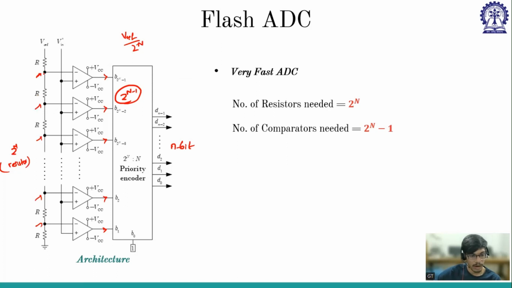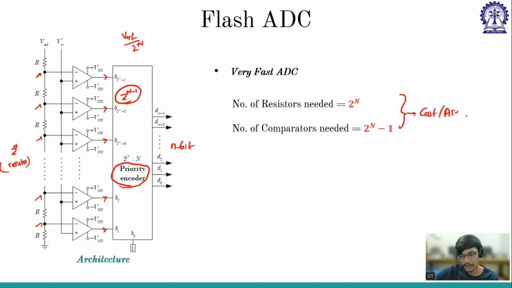So we are creating so many levels, and all of the levels are being compared with multiple comparators, which is fed to this priority encoder, which will generate my output n bits. So I am increasing the number of comparators as well as resistors, which will definitely increase my cost as well as area.